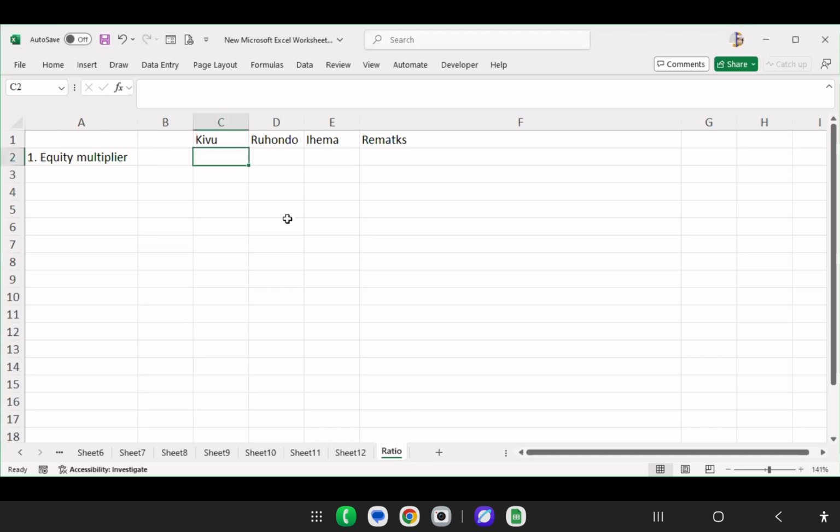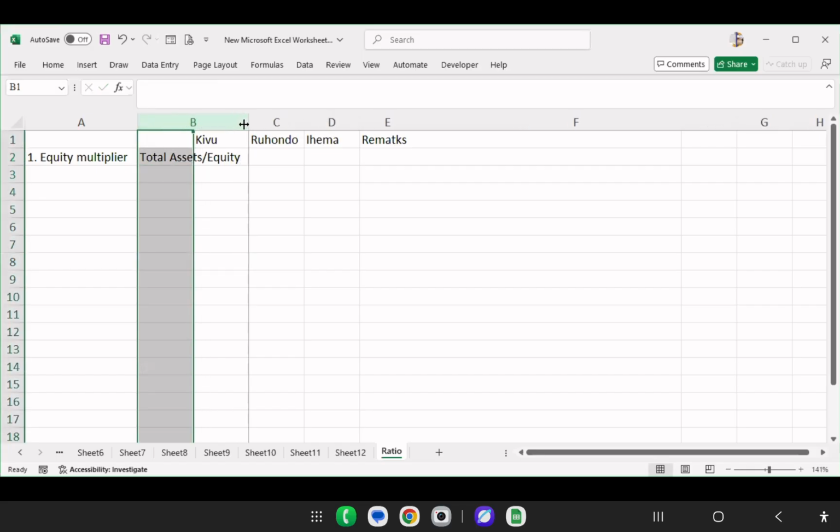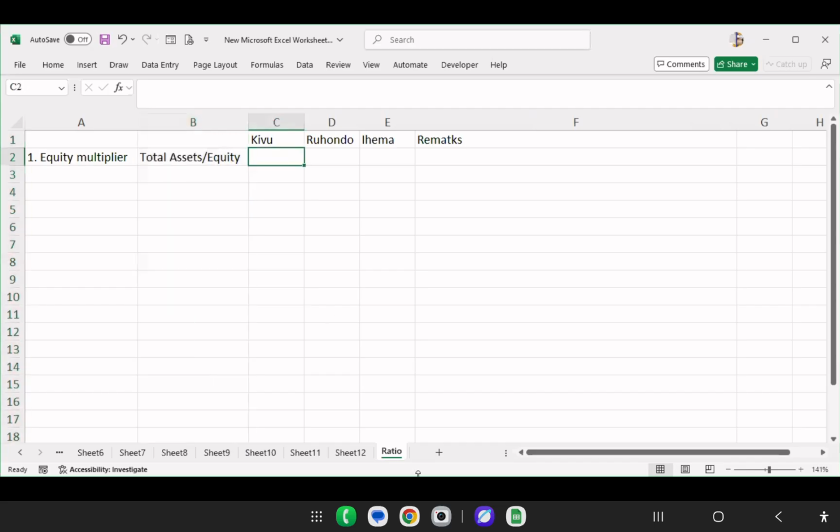Let me put the formula: this is equal to total assets divided by the equity. When I come to this part of the question, I will ask myself, for each of the companies, how much is the total assets and how much is the equity?